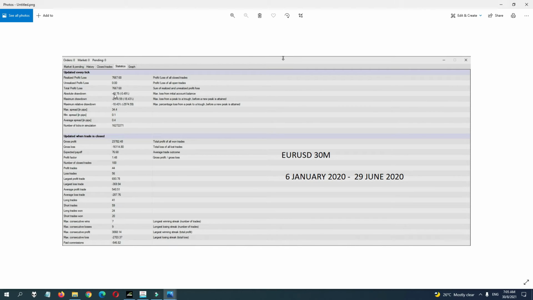That's pretty good for a simple strategy, and you have 9 maximum consecutive losses and 7 maximum consecutive wins. You will have this kind of consecutive loss if your risk reward is 2-to-1.